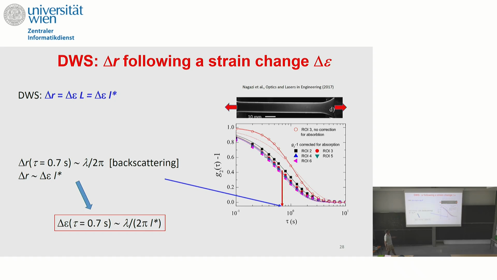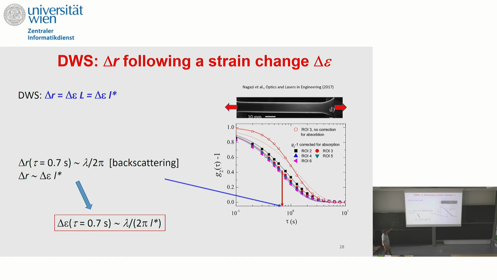So if I tell you, okay, what was the strain increment over the characteristic decay time of this correlation function? Well, this is about 7 seconds. So I know that delta epsilon has increased over 7 seconds by an amount which is delta epsilon. I mean, the typical relative displacement over these 7 seconds is delta epsilon times L star, okay?